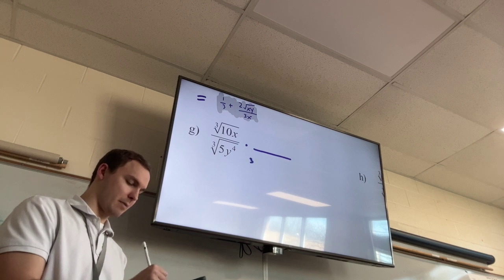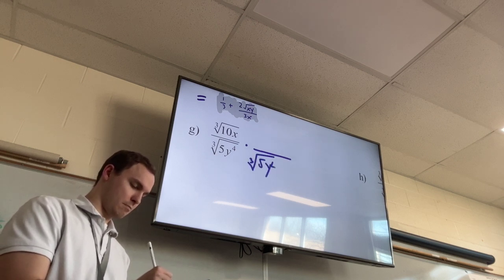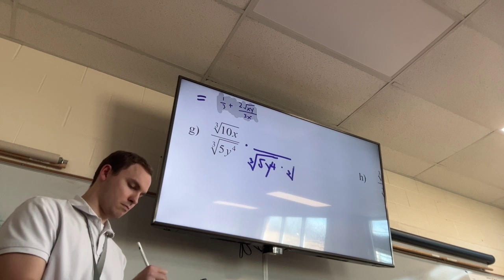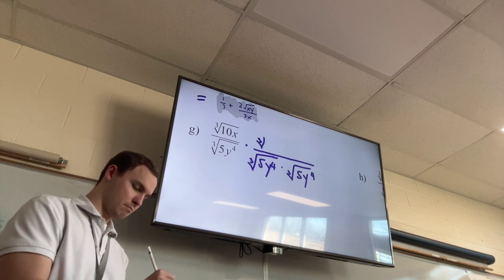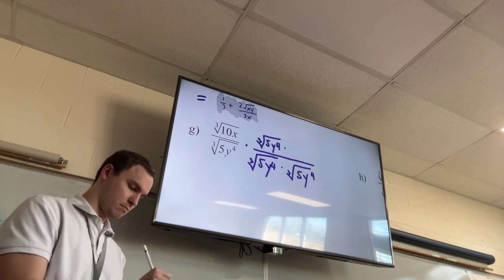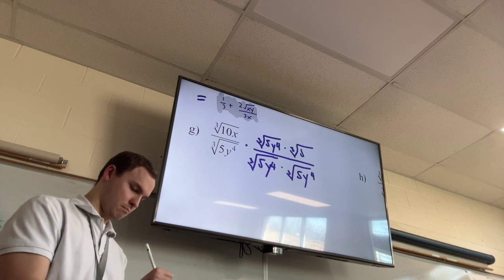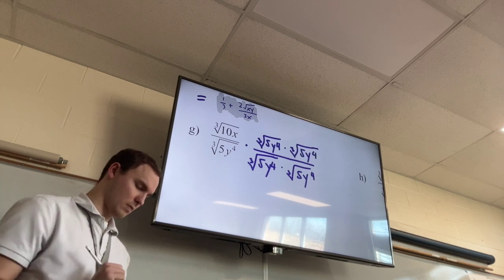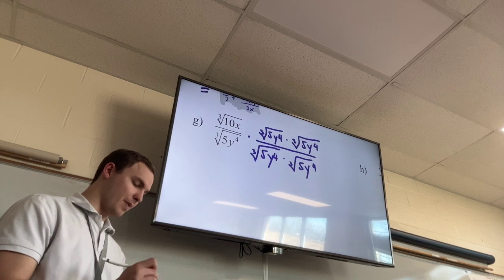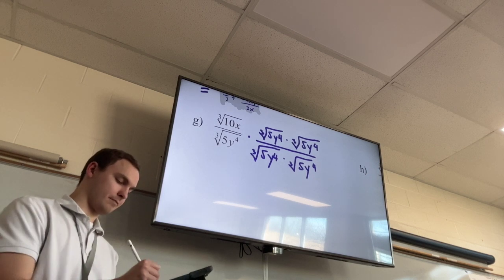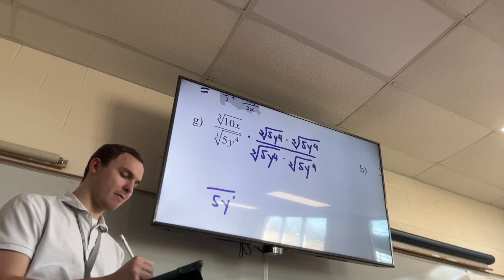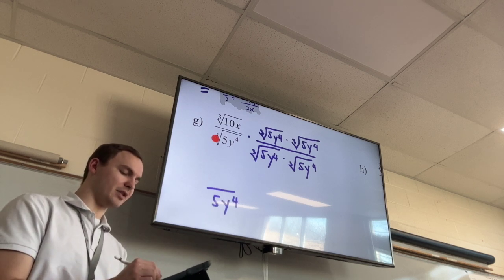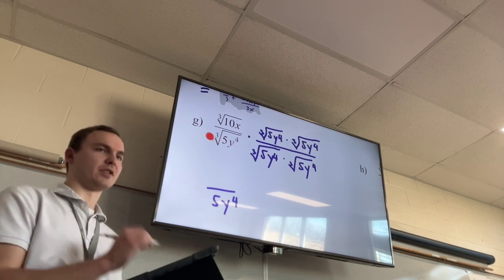I need 3 of them in the bottom. Whatever I do on bottom, I also have to do on top. So the bottom's going to become 5y to the 4th. Are you guys seeing a pattern? What you end up getting on the bottom is just the same thing you had, just stripped of its radical.